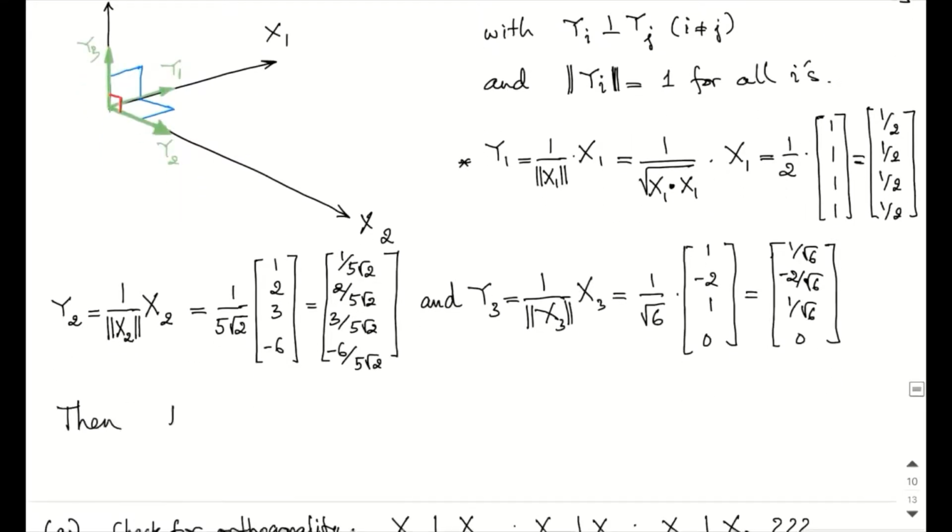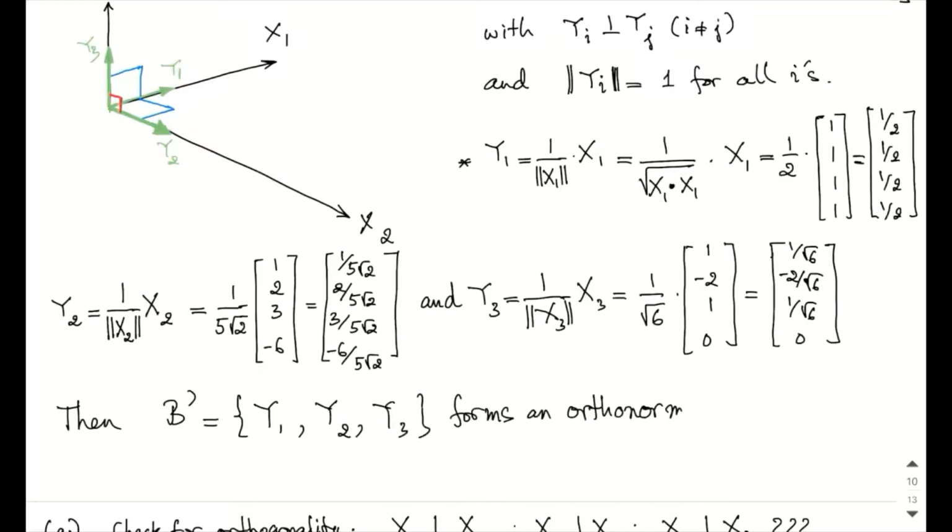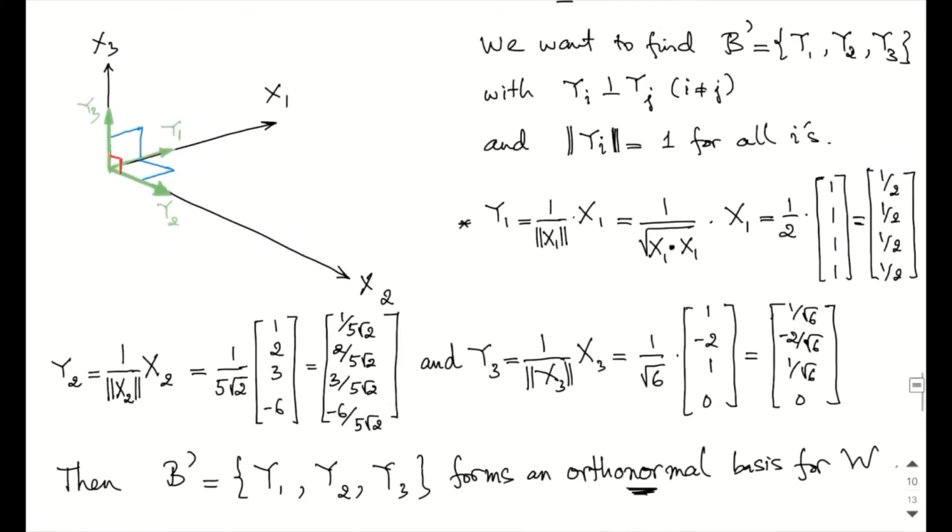then we have B prime, the three vectors y1, y2, y3, forms an orthonormal basis for the vector space W. Right? Orthogonality is ensured because y1, y2, y3 are just scalar multiples of x1, x2, and x3.